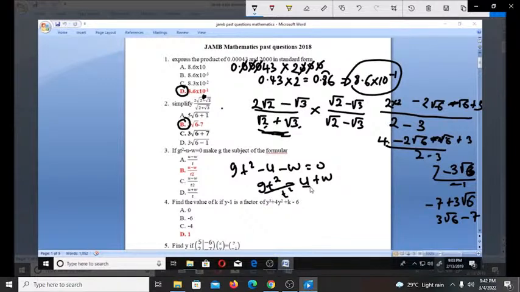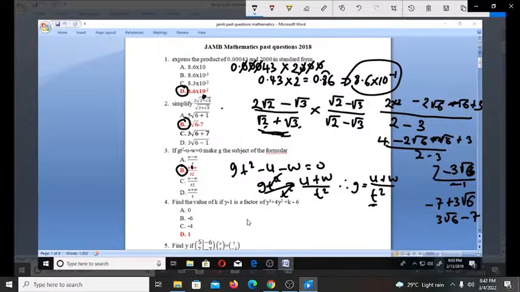T squared cancels T squared. So you have only G equal to U plus W all over T squared. So that is your answer, making B this answer.